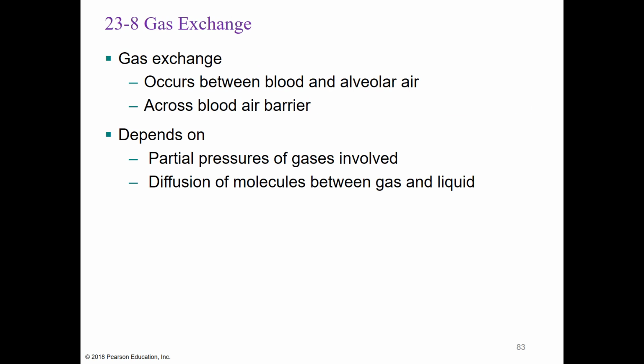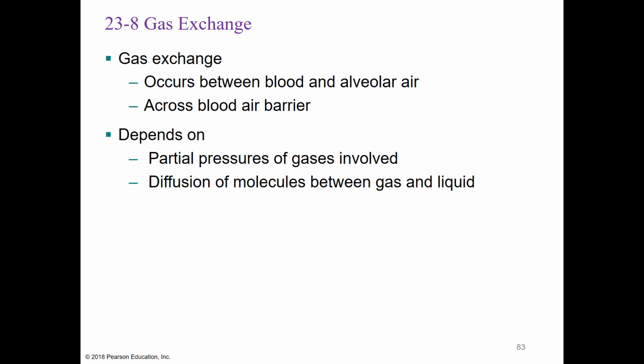Gas exchange occurs between the blood and the alveoli. So we talked about how the alveoli and the blood vessel, the capillary bed, were fused at their basal lamina, and this is going to allow oxygen and CO2 to diffuse very quickly.